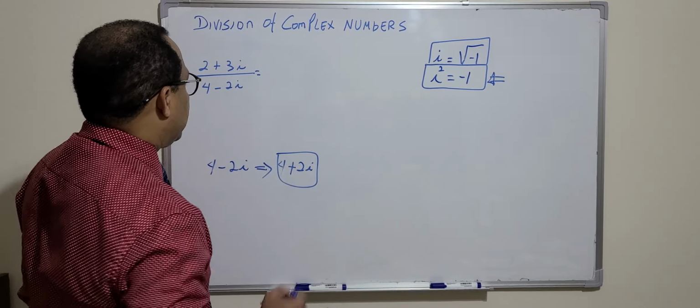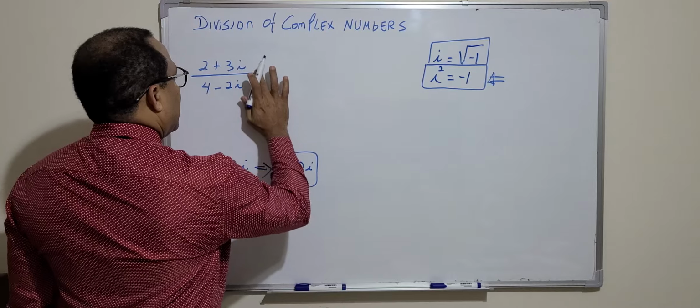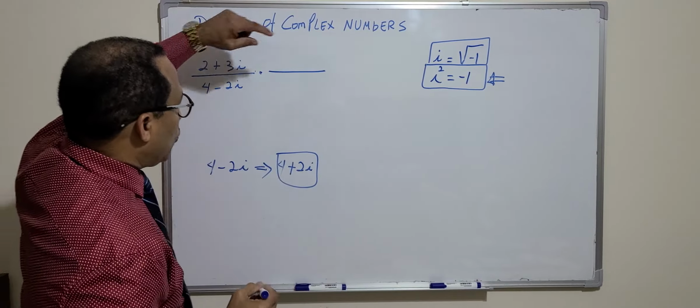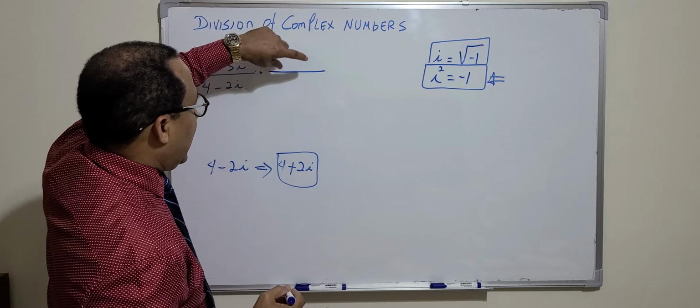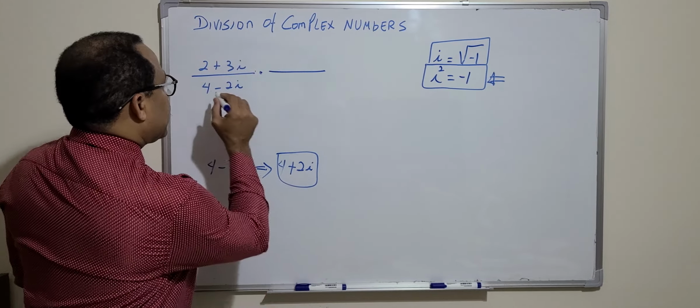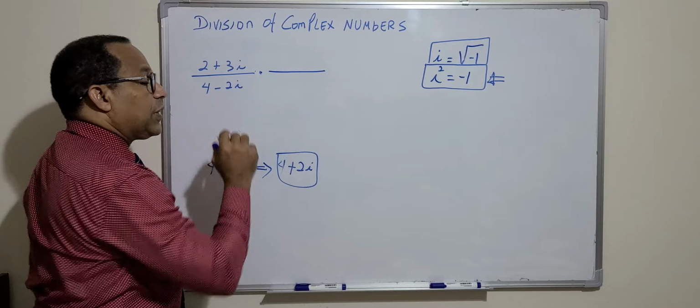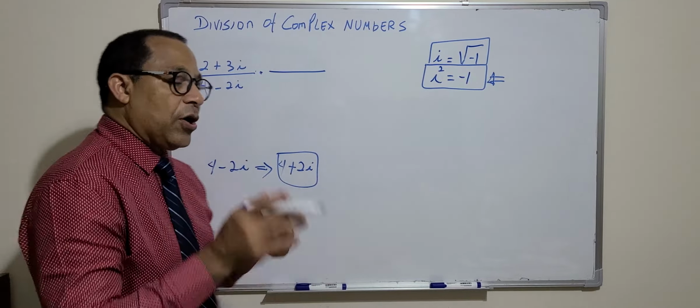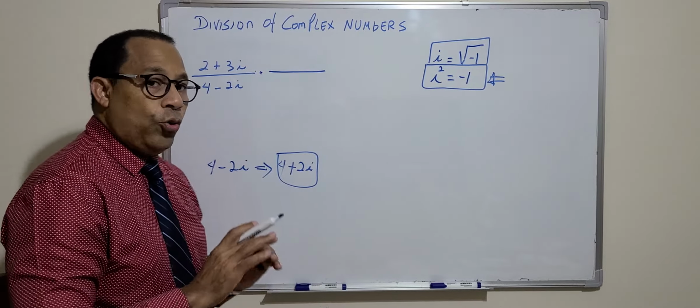So let's divide this. How do we divide it? We multiply both the numerator and the denominator times the conjugate of the denominator. Not the conjugate of the numerator. It's the conjugate of the denominator always.